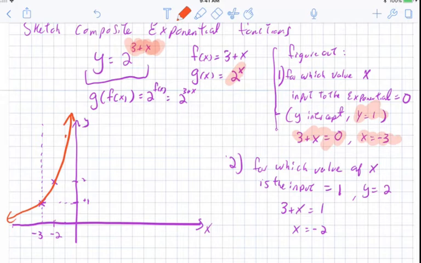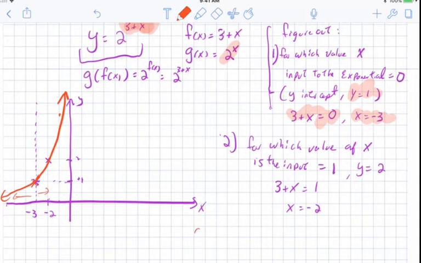Is it going up or down as I move to the right? Which direction is the horizontal asymptote? The horizontal asymptote in this case is moving to the left. I want to ask when the input goes to -∞, because that's the horizontal asymptote.